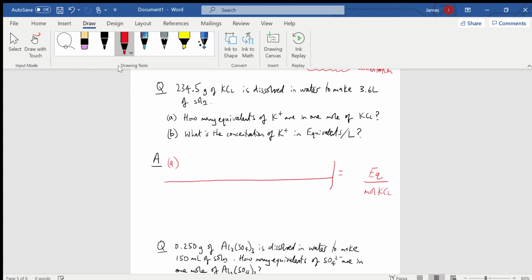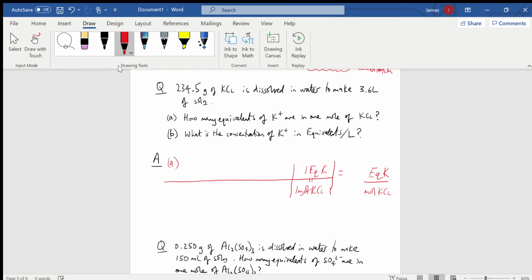Specifically, it's equivalence of K. If it just said equivalence, we'd have to look at K and Cl, but the question specifically says K only, so keep that in mind. There is one equivalent of K equal to 1 mole of KCl, and that's a no-brainer, because there's one K in KCl.